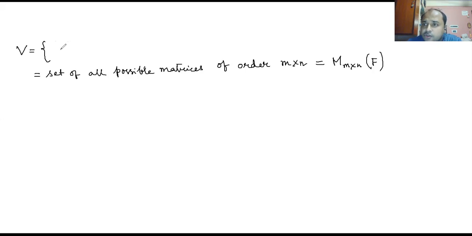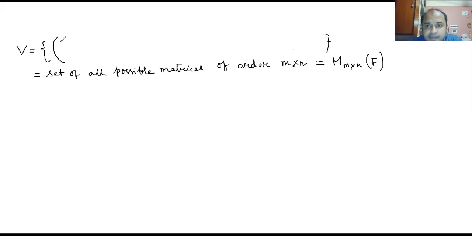Say it contains a 2 by 2 matrix, also a 2 by 3 matrix, also a 3 by 3 matrix, and as many matrices as we can consider. It is not like that.